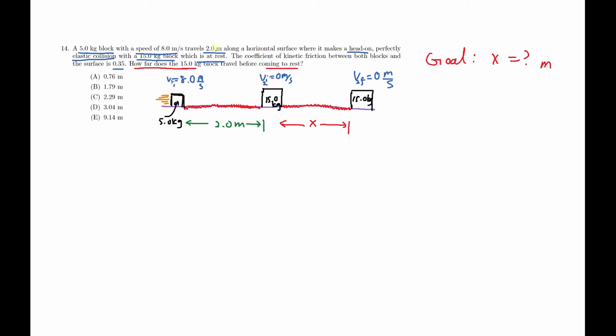So let me tell you the strategy I'm going to use. The first frame of reference will be this side. I'm ultimately interested in the speed of this smaller block right before the collision. And at the collision, you have the conservation of momentum equation, and also the conservation of energy equation.